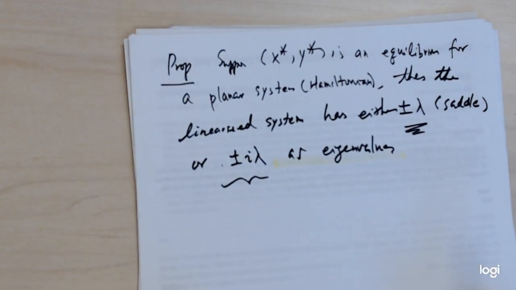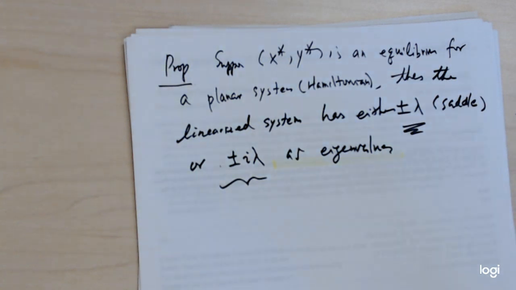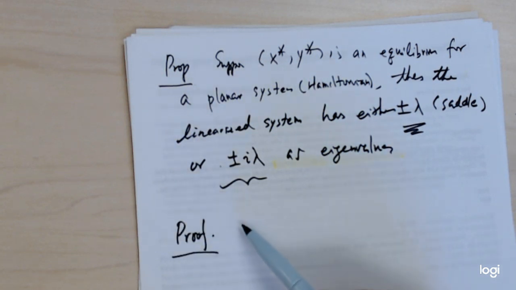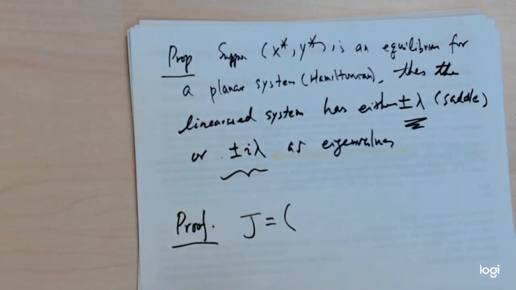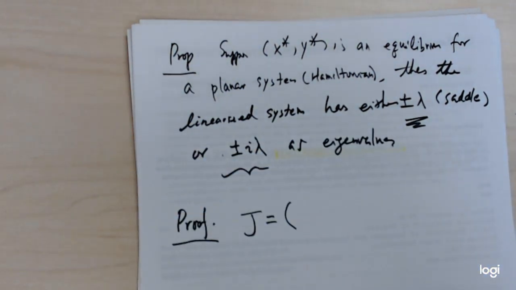All right. And let's take a look at why that is the case. Similar to the gradient system that we studied in 9.3, this proof is also straightforward. Let's look at the Jacobian. The Hamiltonian system looks like this.